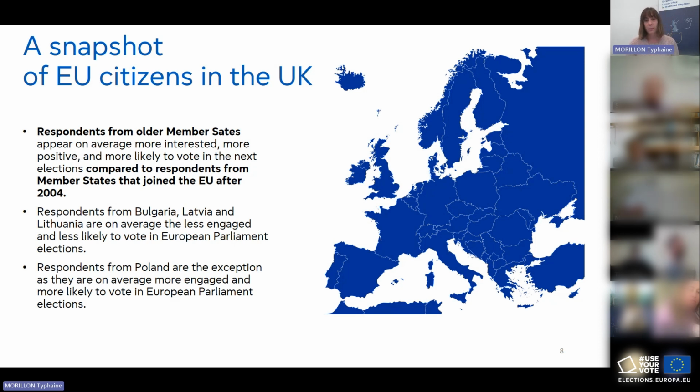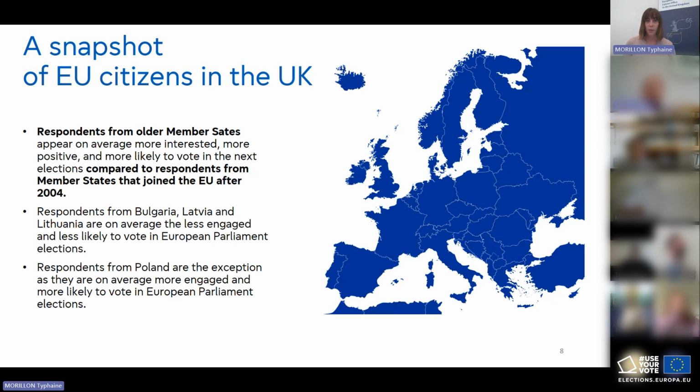What was interesting as well, and you sort of saw that on the table with participation, there's a big divide between older member state and newer member state, where citizens coming from older EU member states tend to be more interested, but also much more likely to vote and much more, in general, interested in politics, whereas EU citizens coming from the most recently joined EU countries tend to be very disengaged from politics and far less likely to vote in the European elections.